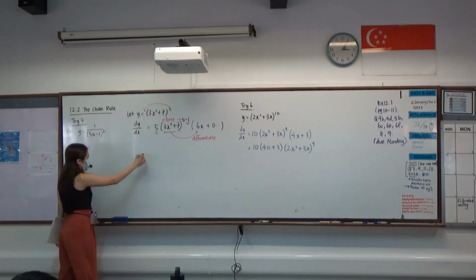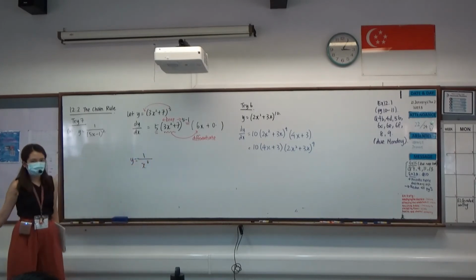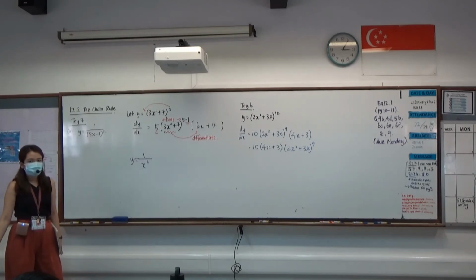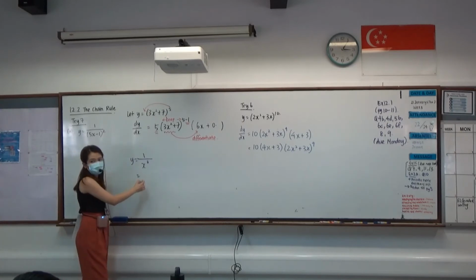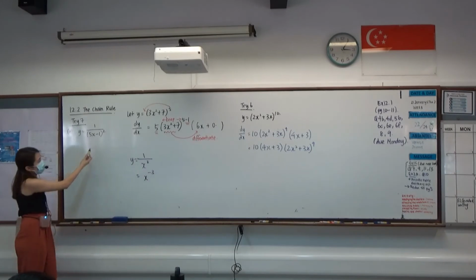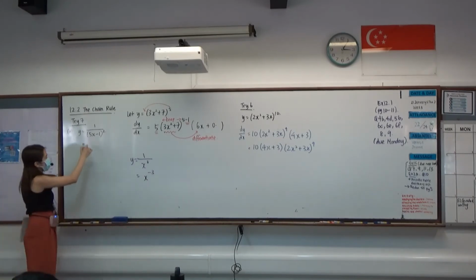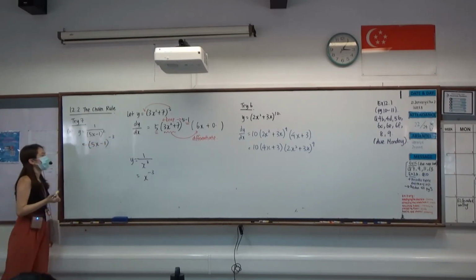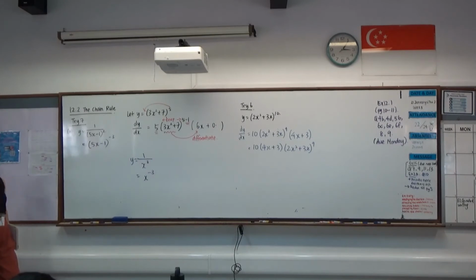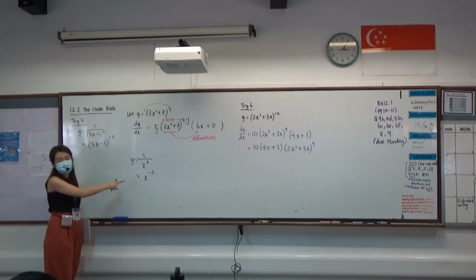When we have things like 1 over x cubed, what would you have done in our previous set of exercise? Move it outwards, so I will get. Yep, so if I were to extend that to this, what will I get? Okay, yeah, so 5x minus 1 to the power of negative 3. Right, so this would be what we would do if I had my question in this manner.